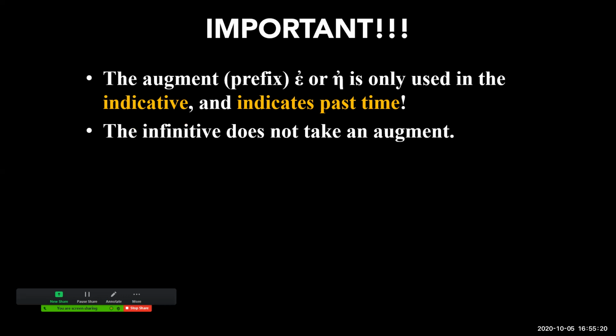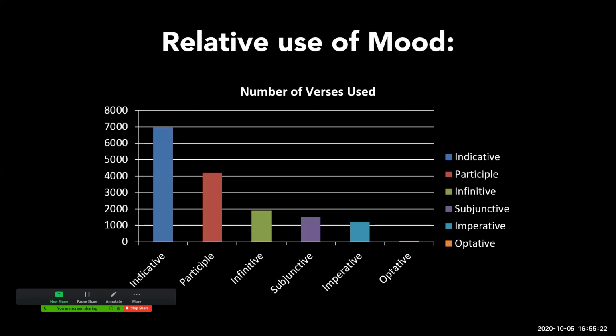So the infinitive does not take any augment. The infinitive is not used quite as many times as the indicative mood or the participle. Participles will be our main subject in the third semester of Greek, and they are critical to understanding the Greek New Testament. You cannot go past them. You must get a grasp of participles.